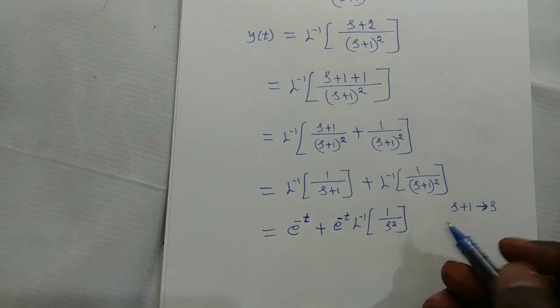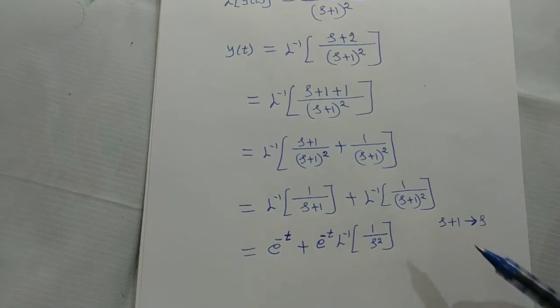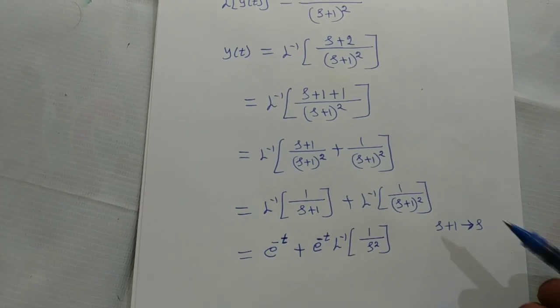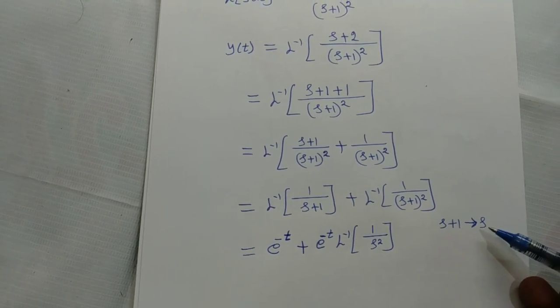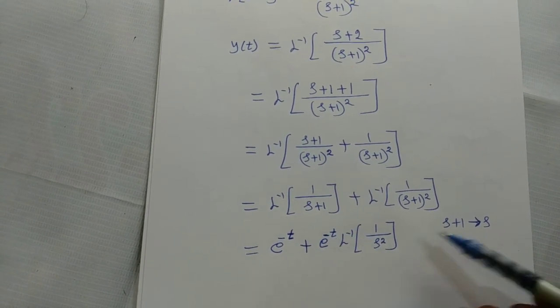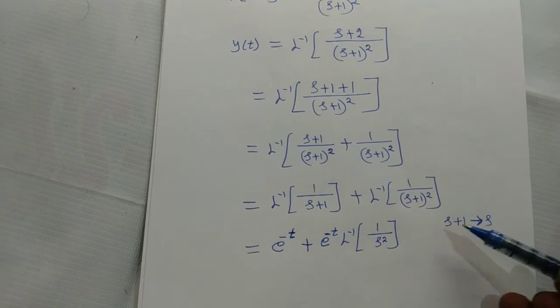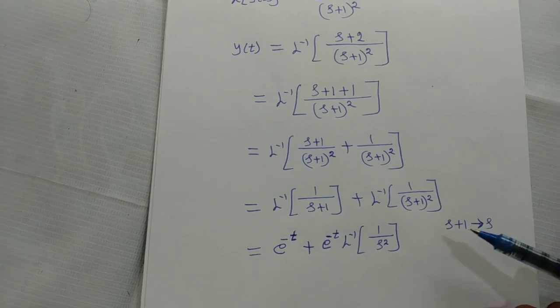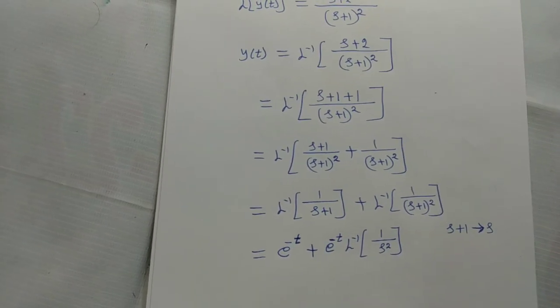This is the inverse form of the shifting property. You should know the inverse form of the shifting property. The inverse form of the shifting property is that (s plus 1) is replaced by s. Instead of that, you have to write e power minus t. Here plus 1 means minus t. Minus 1 means plus t. Plus 2 means minus 2t. Minus 2 means plus 2t. So this is the inverse form of the shifting property.